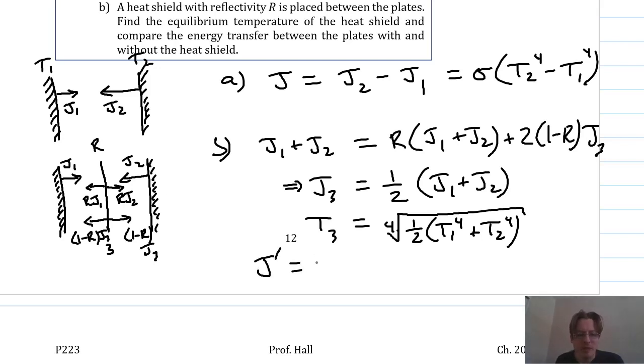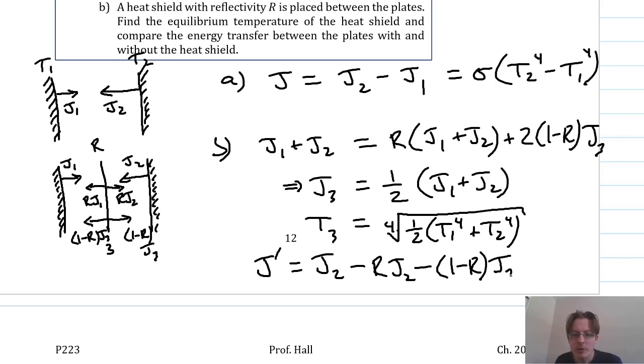J prime is going to be J2 coming off the high temperature thing, minus R J2, minus (1 minus R) J3 from the emission from the heat shield. This gives me (1 minus R) times (J1 minus J3).